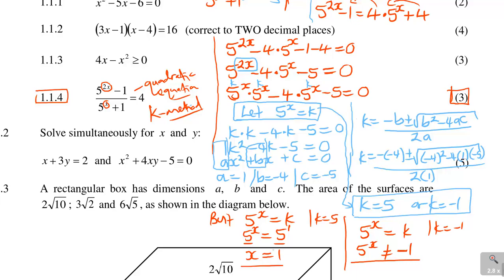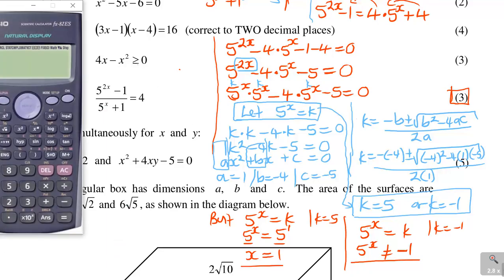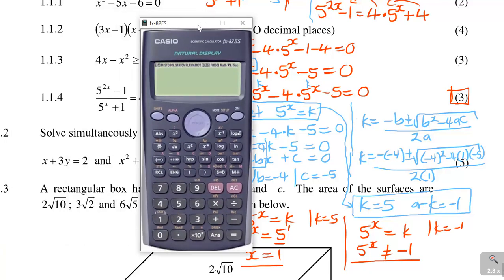So the value of x here is equal to 1. Remember, test your answers. Now, how do you test your answers? Go to the beginning, the question. So take a calculator again, and where you have x, you're going to substitute.